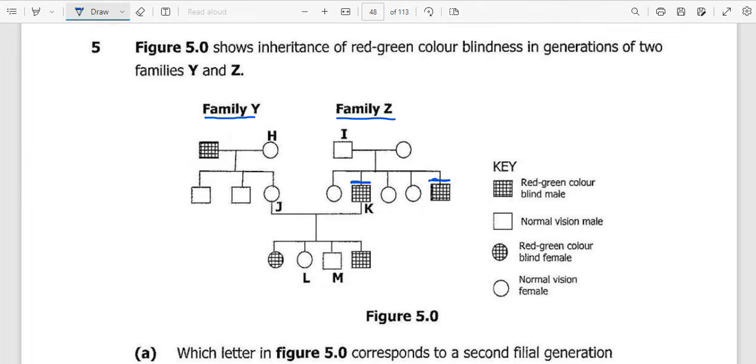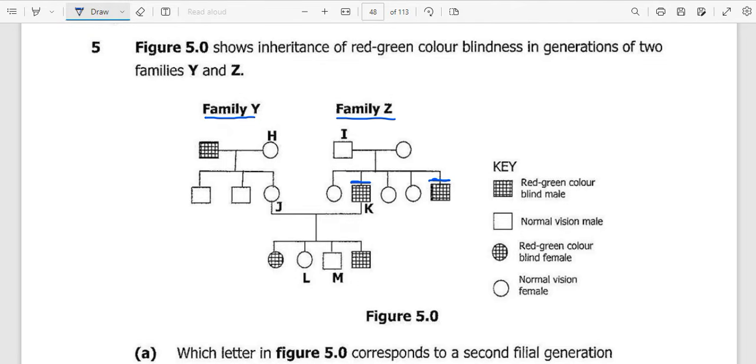And then in family Y, you'd find that the man had this problem of color blindness, and he married someone who doesn't have this. The children that they produced here are all free from color blindness.